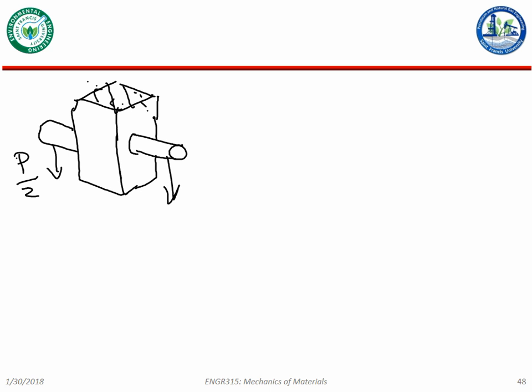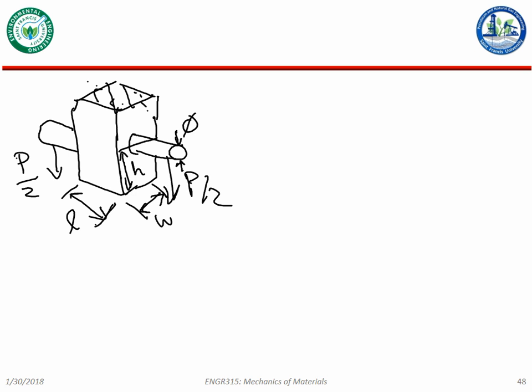I think it specifies P over 2. Then I have some dimensions here. Okay, I think that's all.